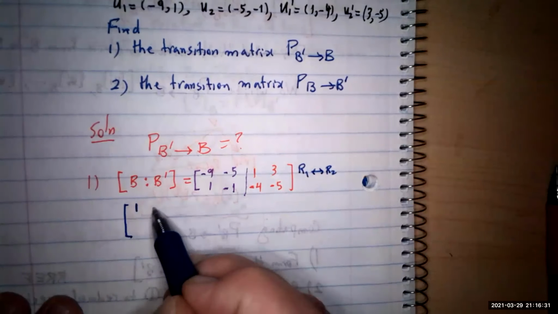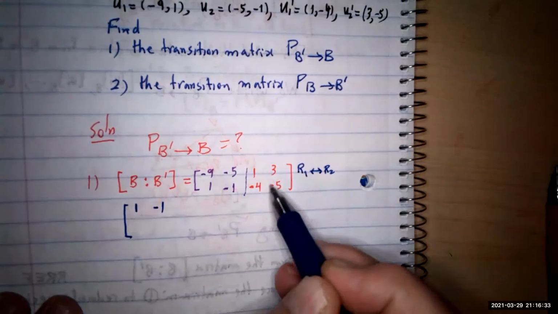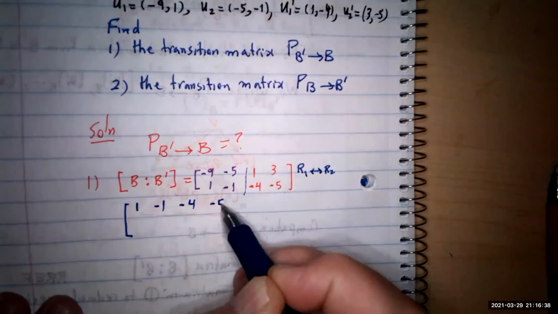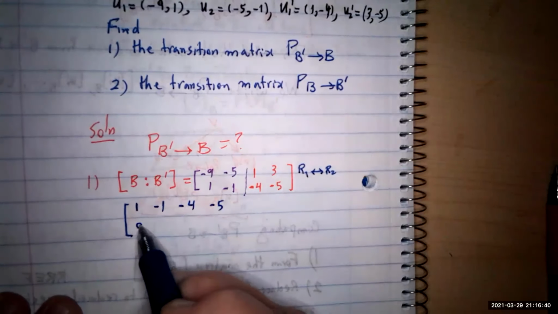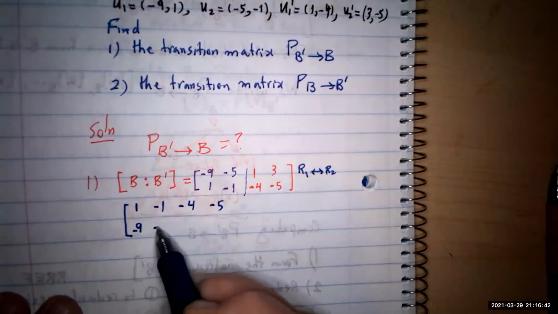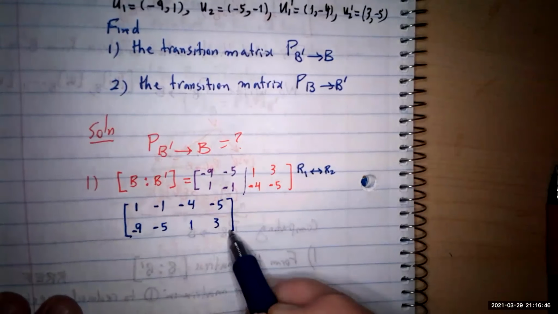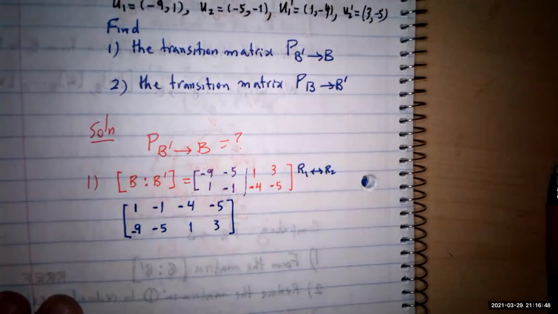I put the 1, -1, -4, -5, and down here I have -9, -5, 1, and 3. That is going to be the first step.